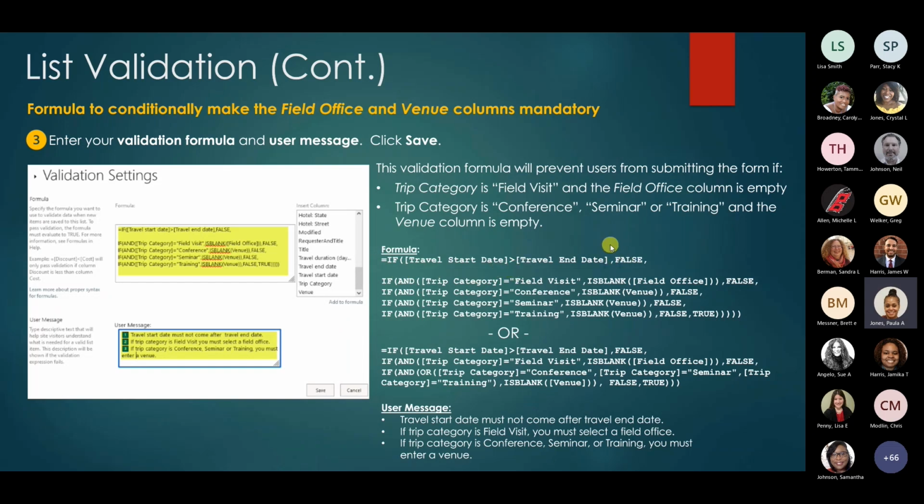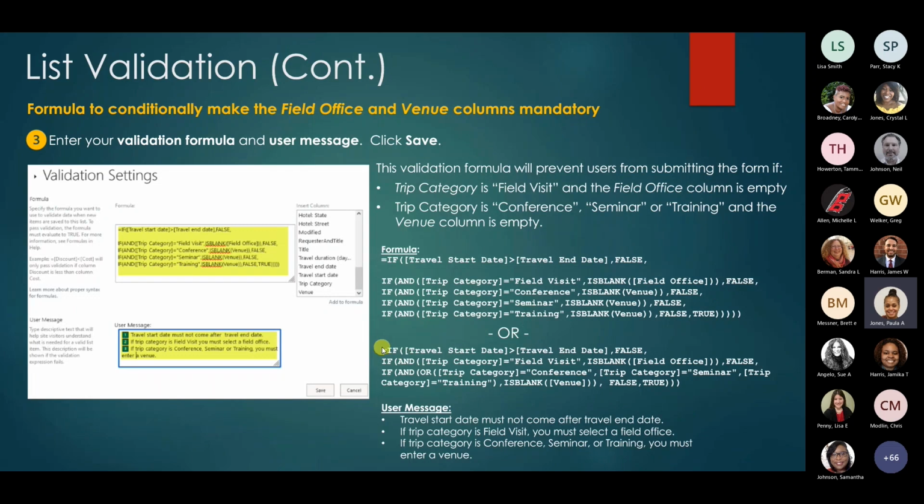I do not want the user to be able to submit this form. If trip category equals field visit and the field office is blank, false. I do not want the user to be able to submit this form. And then here, if trip category equals conference and venue is blank, false. And then the same for these two, the seminar and the training.